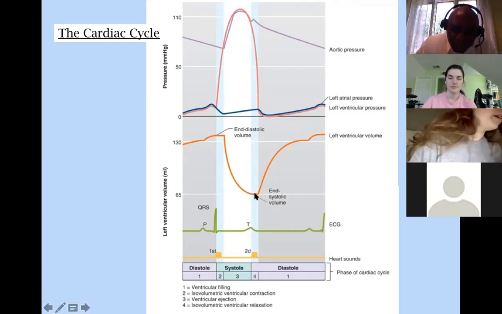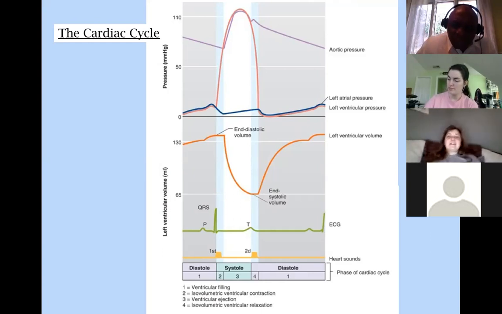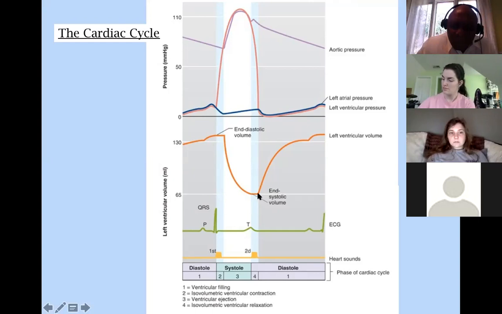What about the volume at the end of systole? Meaning the volume that remains in the heart after ejection, because the heart is not emptying everything. There is some blood that remains, which is 65 mils remaining out of 135. So the volume at the end of systole is the end systolic volume.